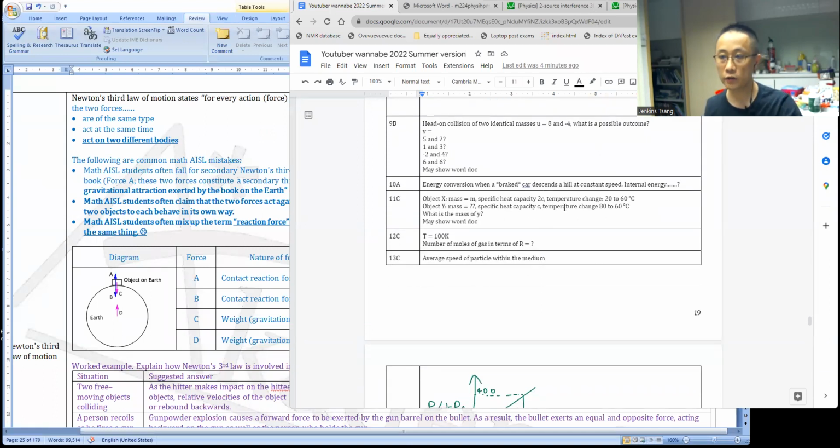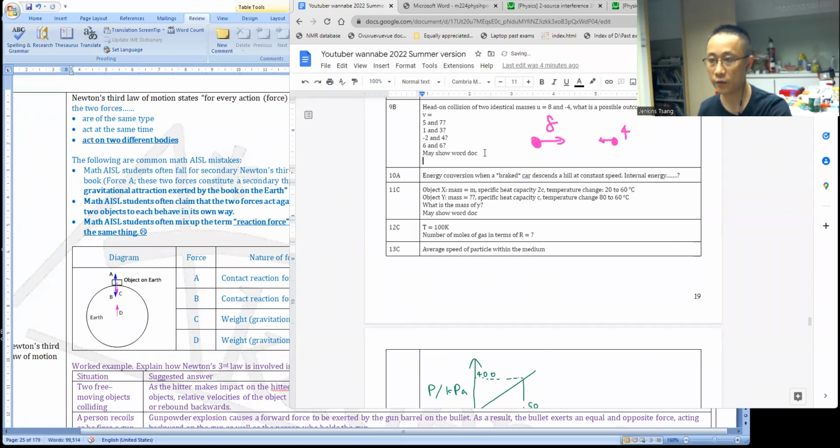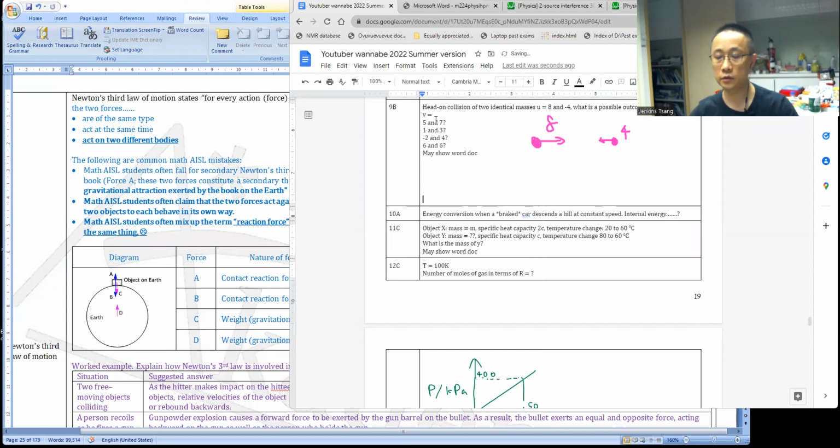Question 9b, head-on collision of two identical masses. The initial directions of the masses. So this is what the diagram shows. The classic trap is for you guys to overlook the importance of keeping track of direction in a collision situation.